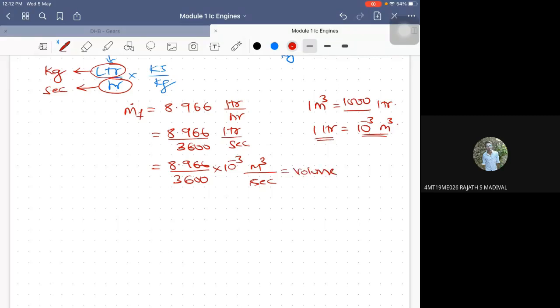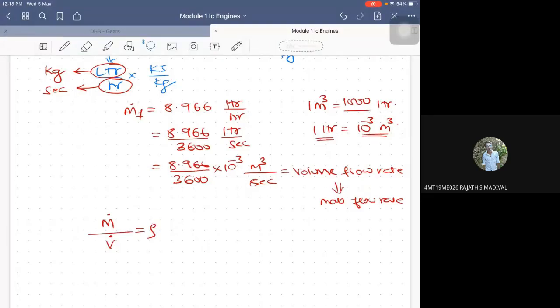Now I have to convert volume flow rate to mass flow rate. What is the relationship between the volume and the mass? How are these interconnected? Density. Correct? Very good. So I can write mass flow rate by volume flow rate as density.